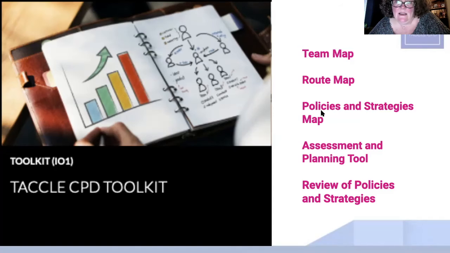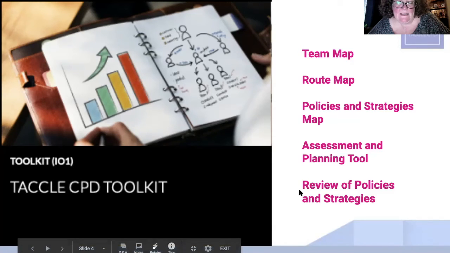There's then a mind map of policies and strategies, and then another tool which is an assessment planning tool, which is set out as both a mind map, and there's also a spreadsheet version of this. And then there's a literature review, a written review of policies and strategies.